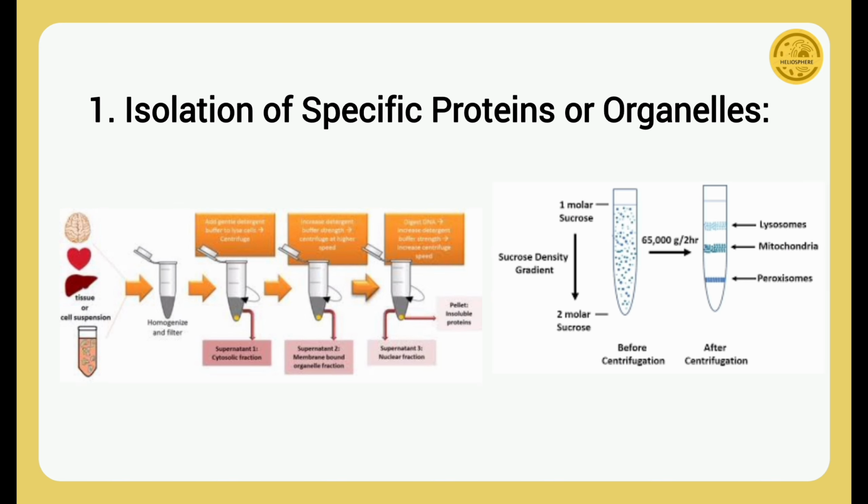Cell breakage and fractionation are fundamental steps in protein purification and cell biology research, and they are done for several key reasons. The first one is the isolation of specific proteins or organelles. Researchers often need to isolate specific proteins or cellular components like mitochondria, nuclei, or ribosomes for detailed study.